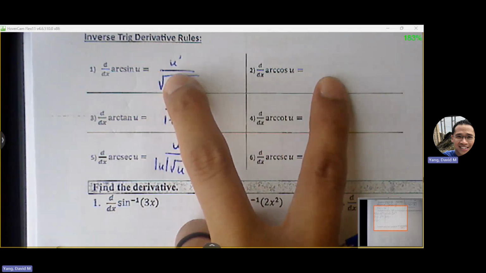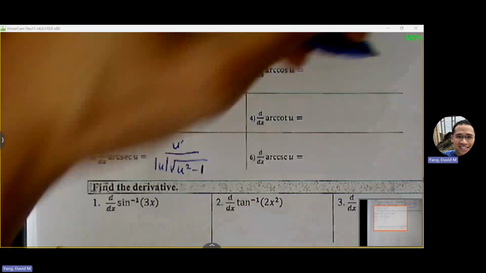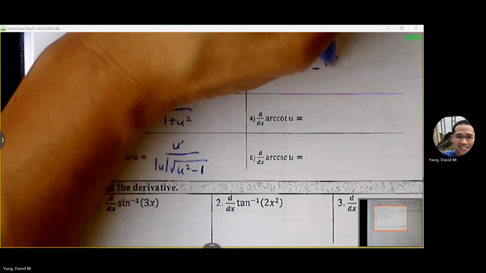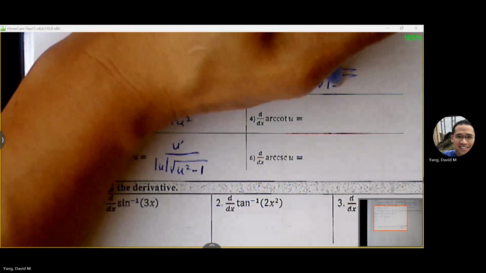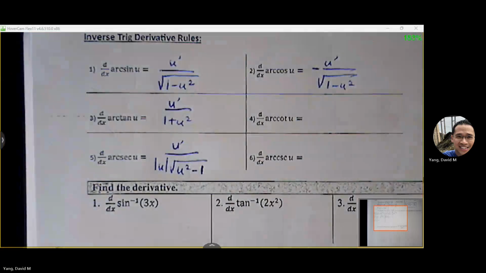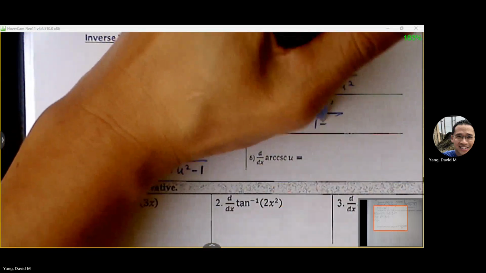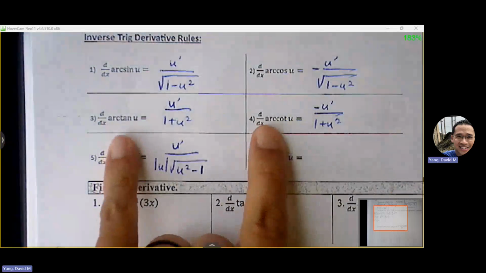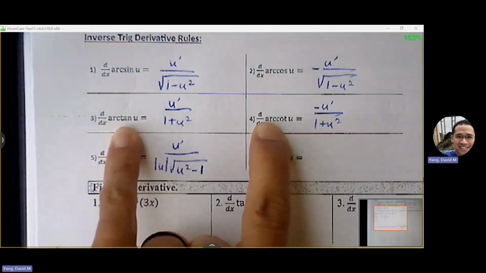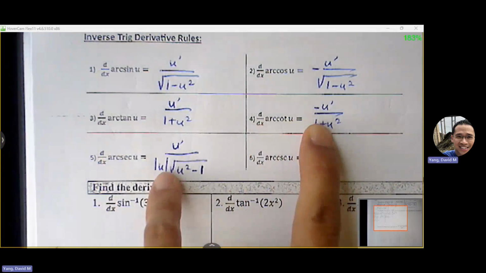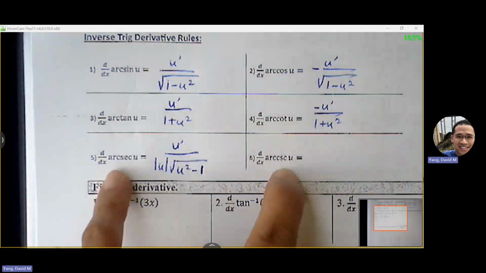The one on the left, just put a negative in front. So arc cotangent and arctangent are basically the same derivative. It's just a negative version of arctangent. Arc cosecant is a negative version of arc secant.